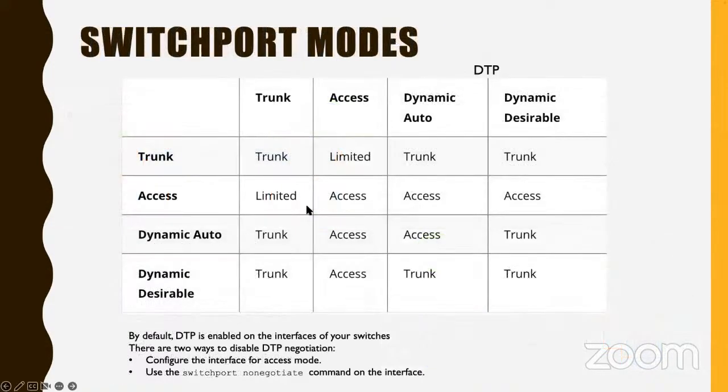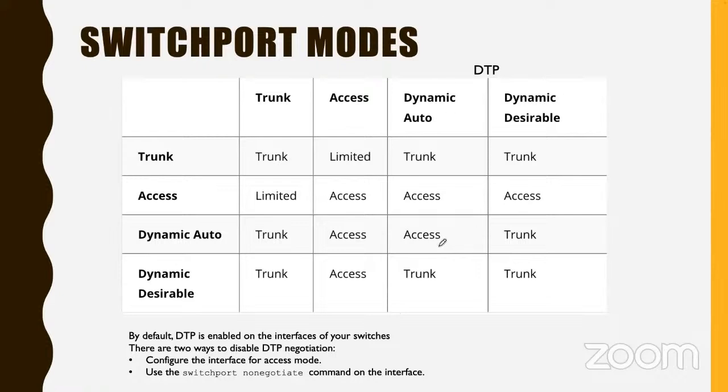So this table shows, if we consider dynamic auto and dynamic desirable in DTP, a port in dynamic auto mode is not trying to form a trunk. It only forms one if the other side wants to.